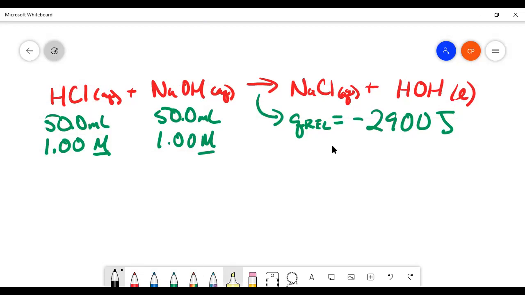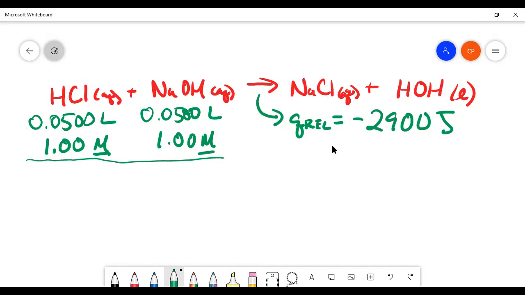Well, let me just rewrite 50 milliliters, convert that to liters. And let me just do the same conversion for sodium hydroxide over here. 50 milliliters is 0.0500 liters. Okay, and molarity units are moles per liter.